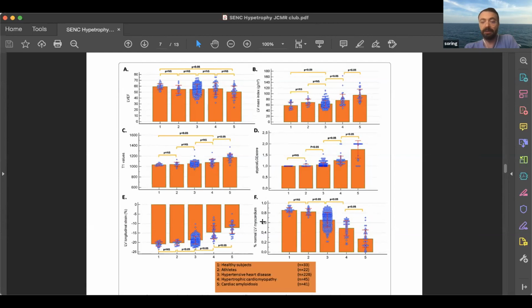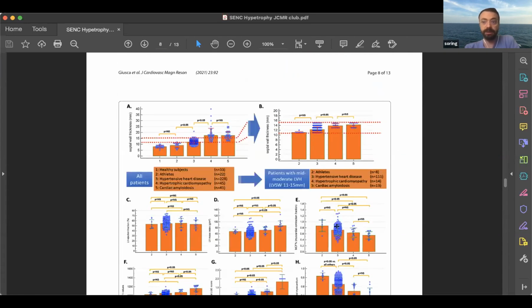The same was seen with the parameter normal myocardium, which didn't pick up any differences between normals and athletes. And then a further decrease in patients with hypertensive heart disease, then further with patients with hypertrophic cardiomyopathy, and then the lowest values were seen in patients with amyloidosis.